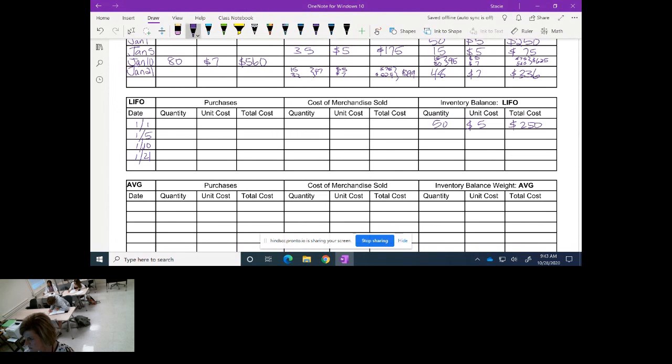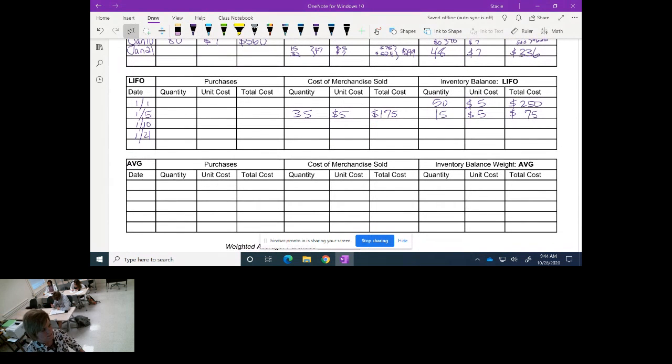We're going to make a sale. The sale is going to be the same thing, 35. We only have $5 units. So this part's going to be identical. It's when you start purchasing and reselling that it starts throwing things off. On the 10th, we have a purchase of 80 units at $7 for $560.